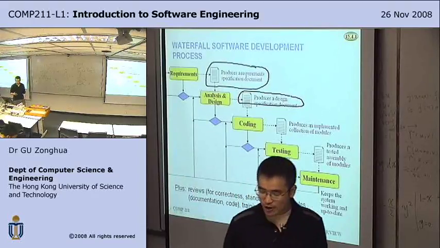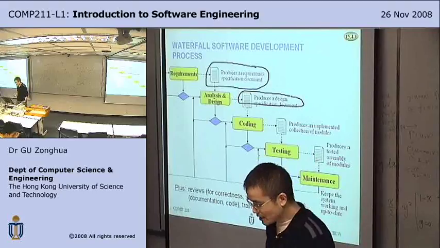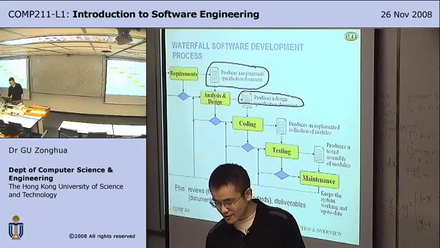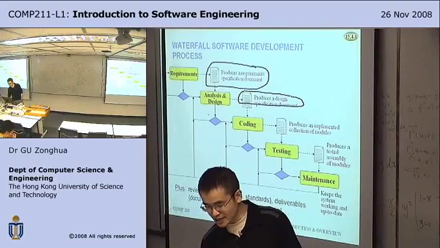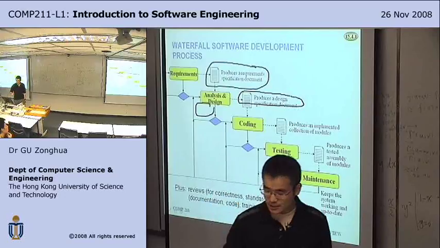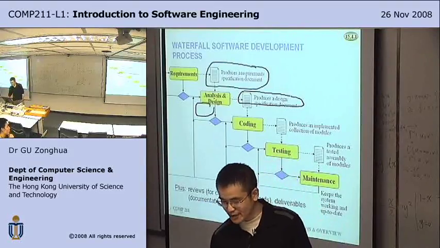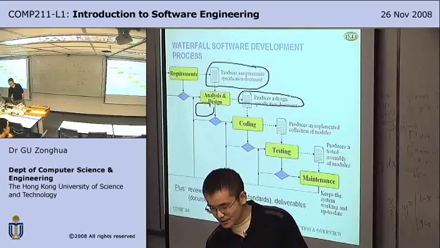So it's called waterfall because you always go forward and never go back. That is, at every step, you may loop back within the same step to do some iterations, but you never go back, say, from analysis design back to requirements.